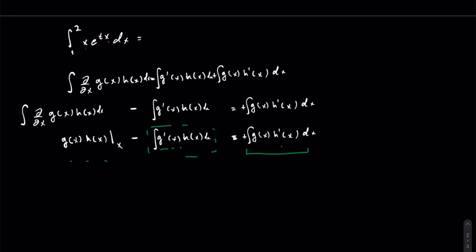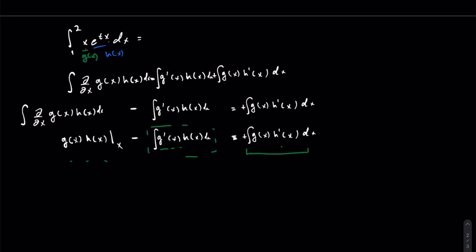Looking at what we have, let's try to figure out what should be what. If we take the derivative of x, that's just 1. So that looks pretty good if we can put x to be g of x, and then e to the tx is just h of x.